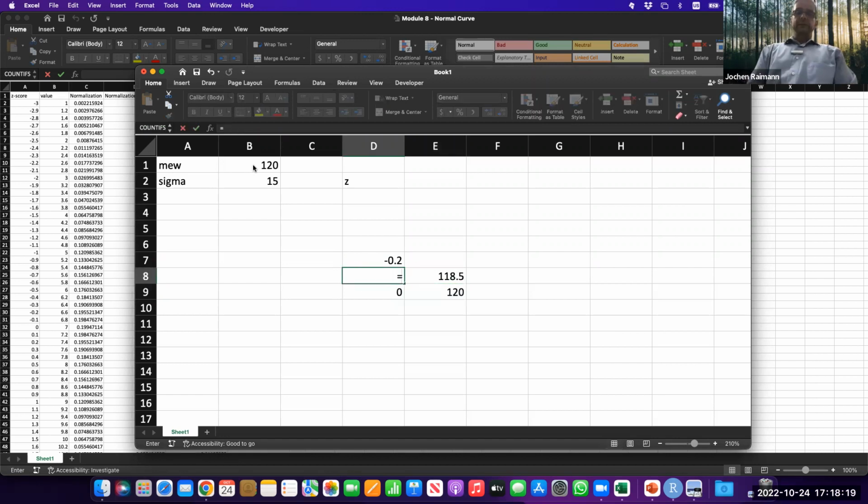Now if we calculate, let's make it easier. It's too complicated. So we have now 15 as our sigma. So we're doing the x, which is 105. Yeah, I'm coming the other way around. That's not good. Okay, so this is the x, that's 105.